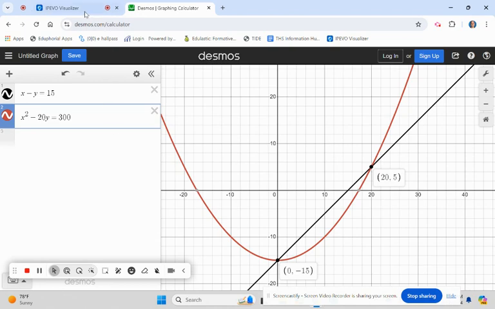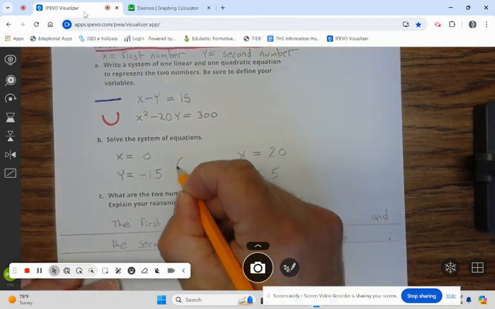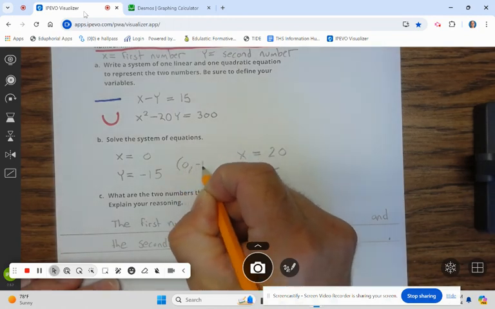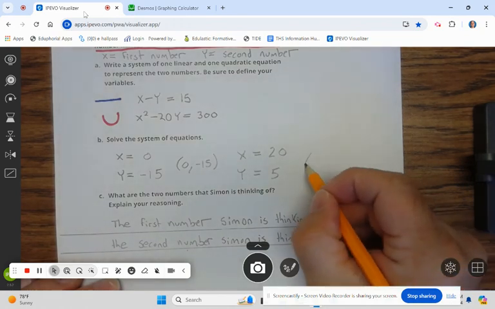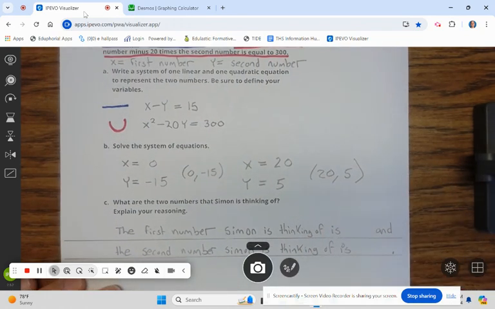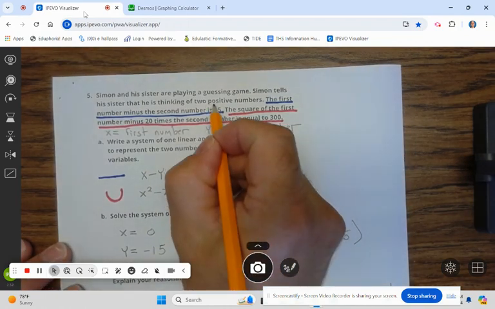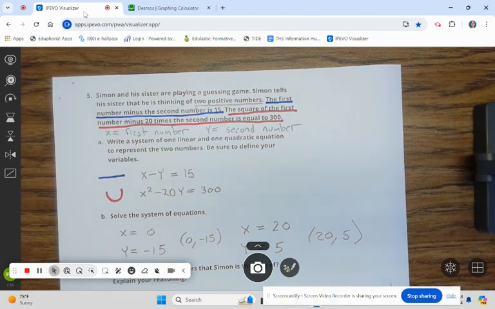All right. So we have x equals 0, y equals -15. So that's the point 0, -15. And x equals 20, y equals 5, which is the point 20, 5. Now, if you go back here, it says right here that two positive numbers is what it needs to be.